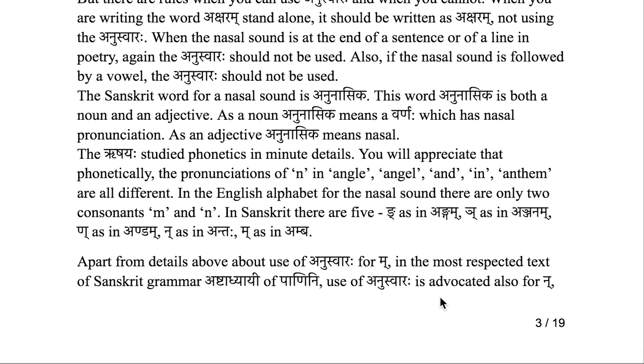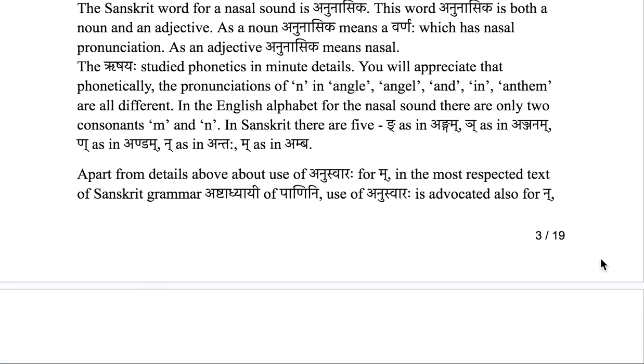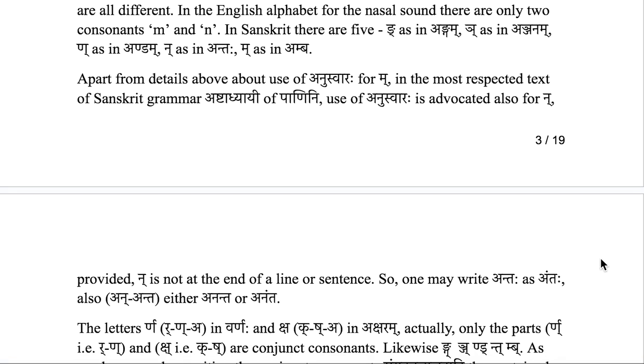Apart from the details above about use of Anuswaraha for M, in the most respected text of Sanskrit grammar, Ashtadhyayi of Panini, use of Anuswaraha is advocated also for N, provided N is not at the end of a line or sentence. So, one may write Antaha as Antaha.